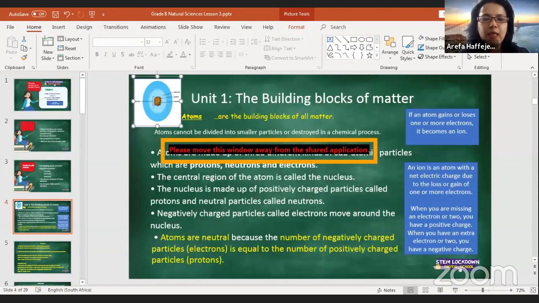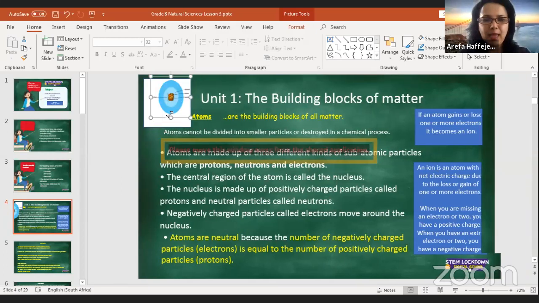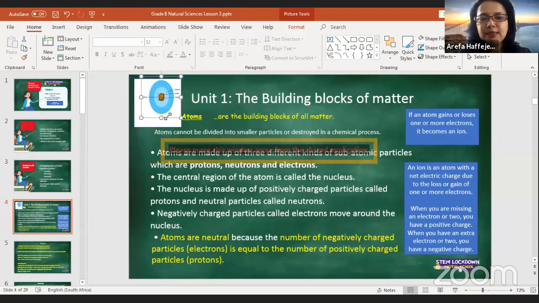Now, the central region of an atom is called the nucleus. The nucleus is this part here, and it basically holds the protons and the neutrons together. It keeps them compacted together. The nucleus is made up of positively charged particles called protons and neutrons.